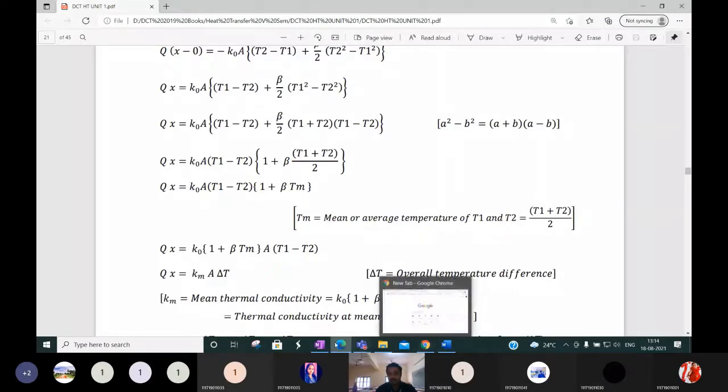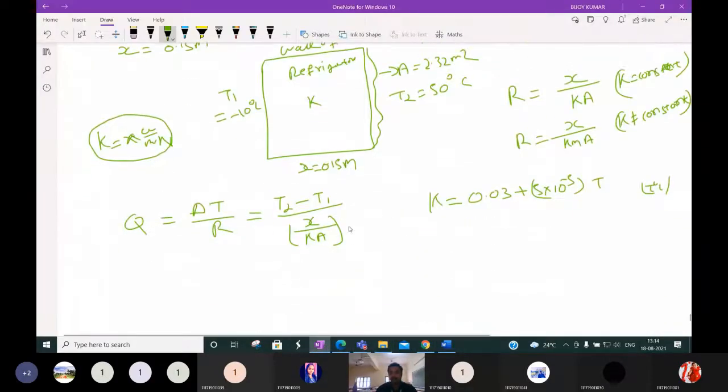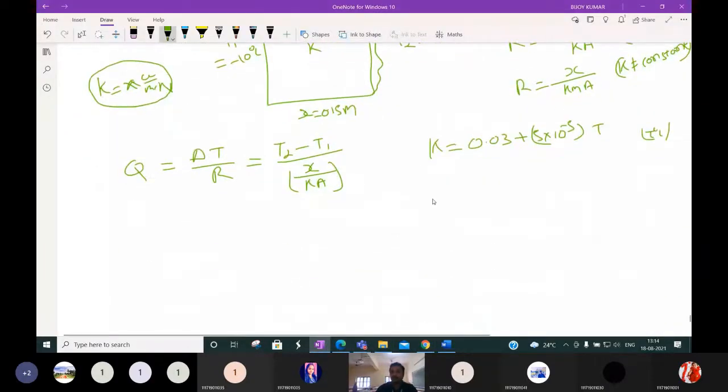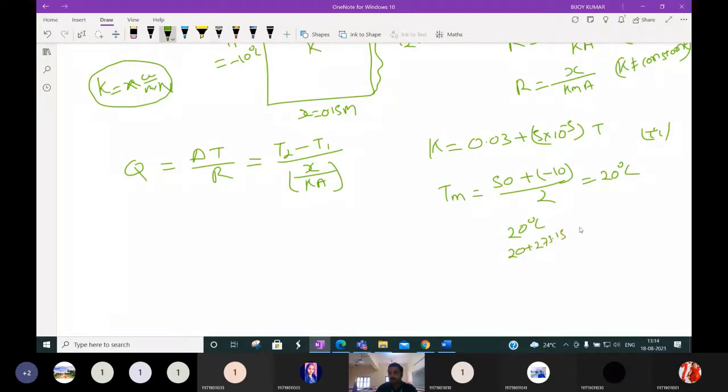Like that, here also, what will be the Tm value, the mean temperature? It will be 50 degrees centigrade plus minus 10 degrees centigrade by 2. That means 40 by 2, which is 20 degrees centigrade, or 20 plus 273.15, which is 293.15 Kelvin.